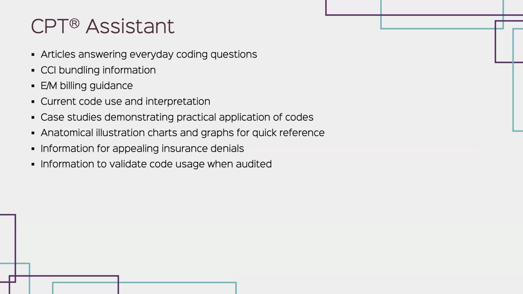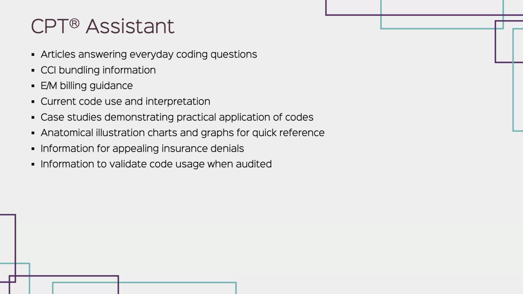Your CPT Assistant is published for your reference material. It is a subscription service, but you will find references to it listed below the codes within the CPT book. The CPT Assistant offers articles that answer your everyday coding questions, NCCI bundling information, E&M billing guidance, current code use and interpretation, case studies demonstrating practical applications of some codes, and anatomic illustration charts.